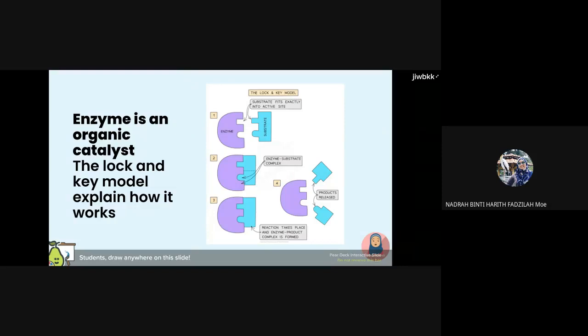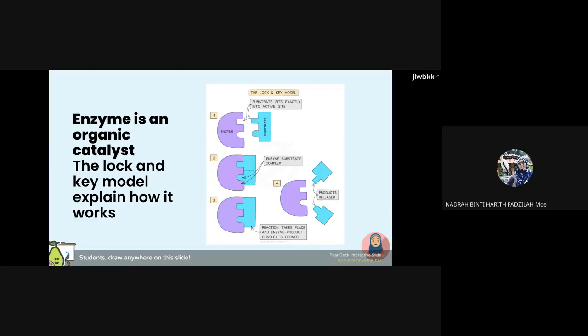Nanti bila kamu belajar bio higher level, ada beberapa model atau teori yang menggambarkan macam mana enzyme bekerja. So the most widely accepted ialah the lock and key model lah. So dekat slide ni saya ada bagi ruang untuk kamu draw anywhere on this particular slide in case you want to nak jot some notes, boleh lah.